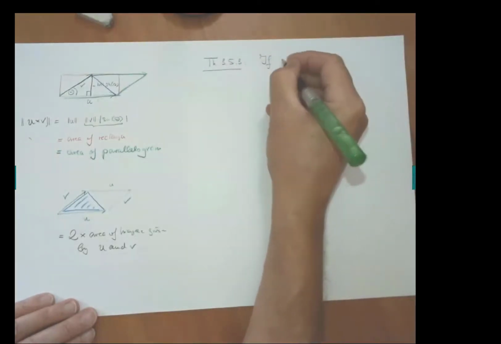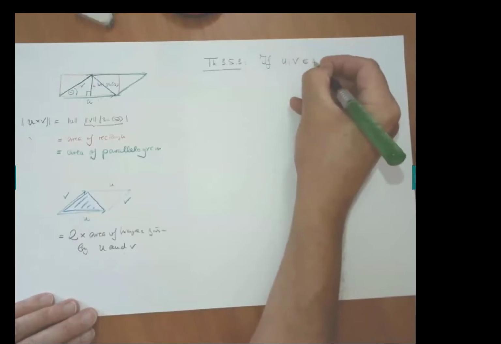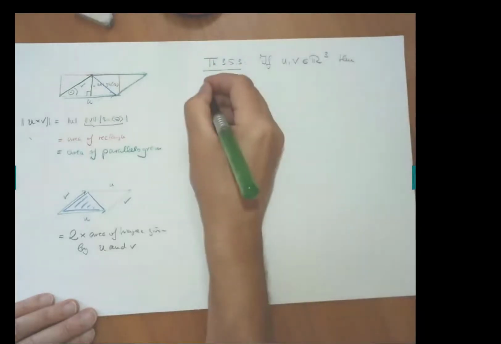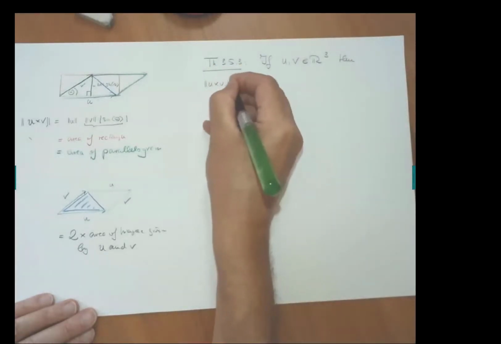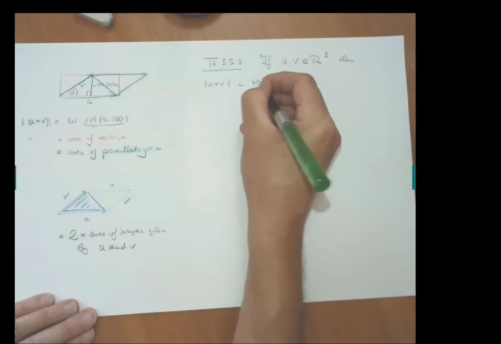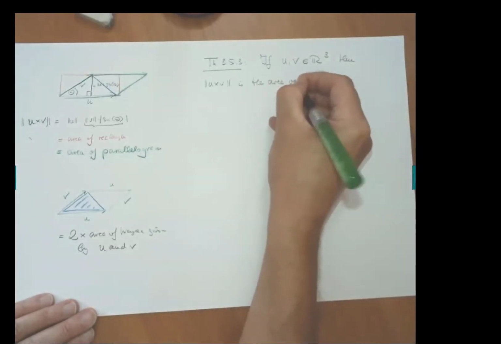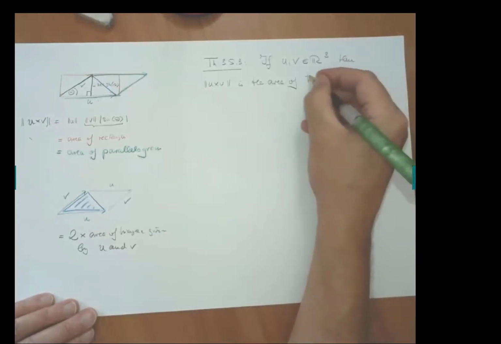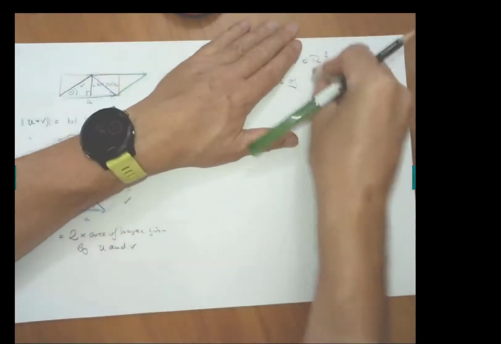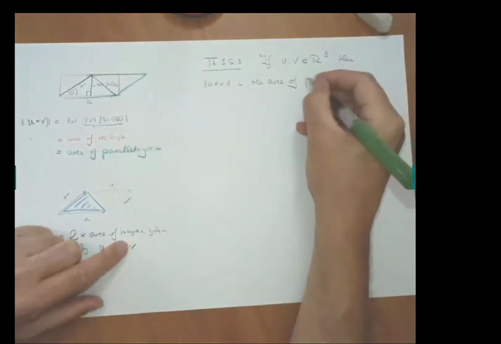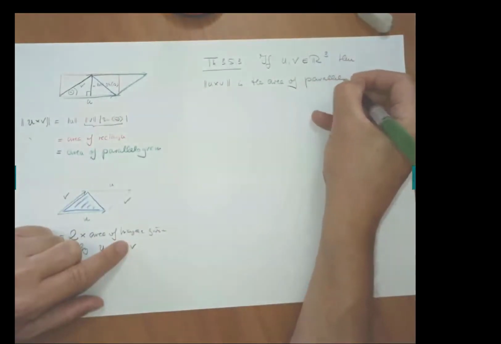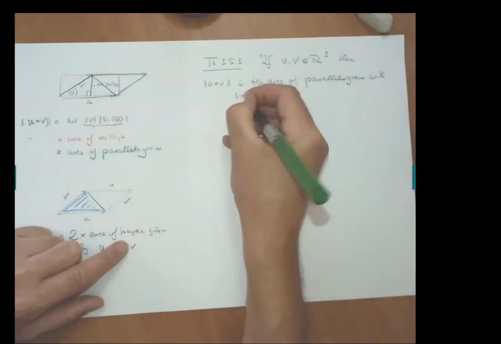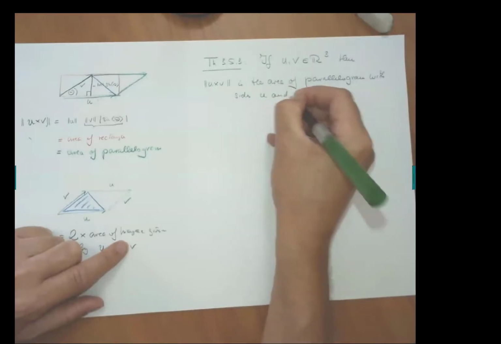So if U and V are 2 vectors with 3 components, then the norm of U cross V is the area of the parallelogram with sides u and v.